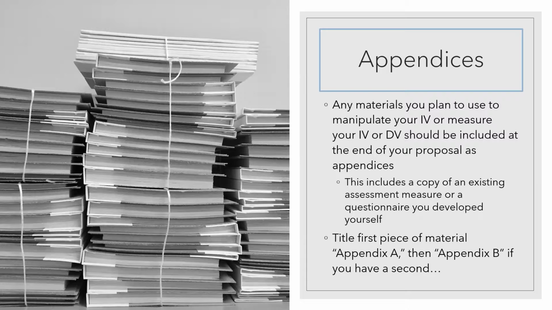If you're including, say, a short vignette and a psychological assessment measure, you would label the vignette Appendix A and then the assessment measure Appendix B, etc., etc. There actually is a specific way to do this in APA format, as with everything, so please look it up if you need to include appendices.